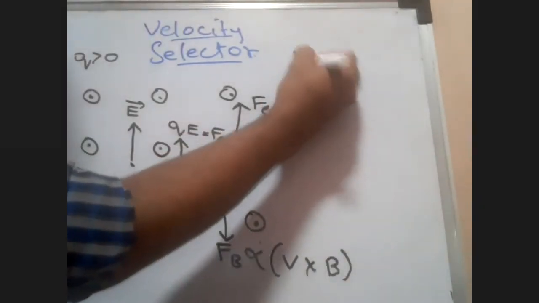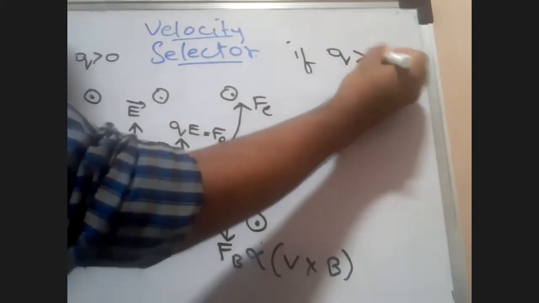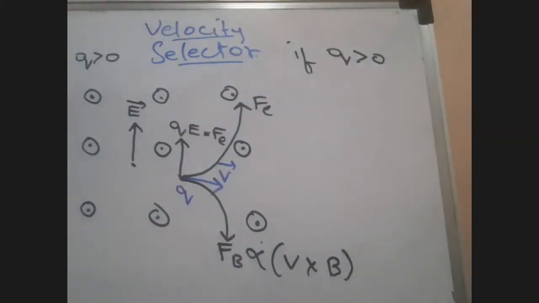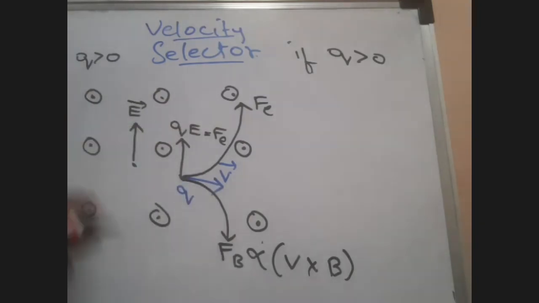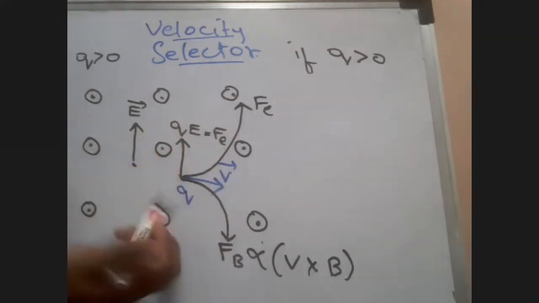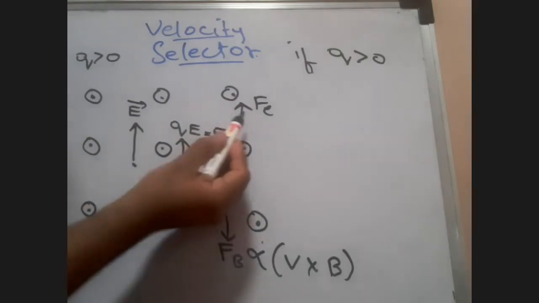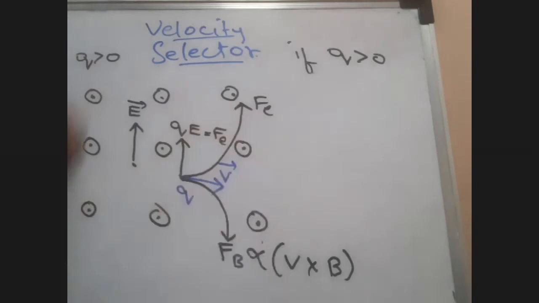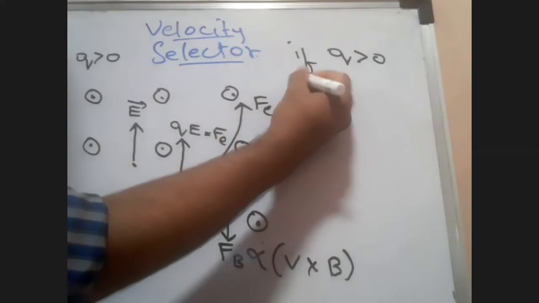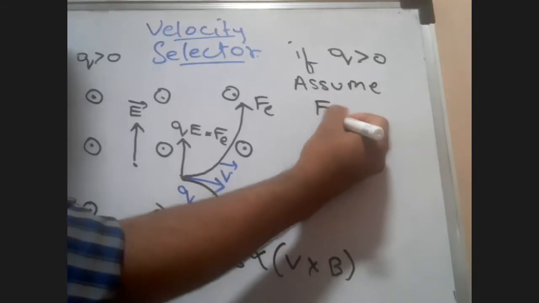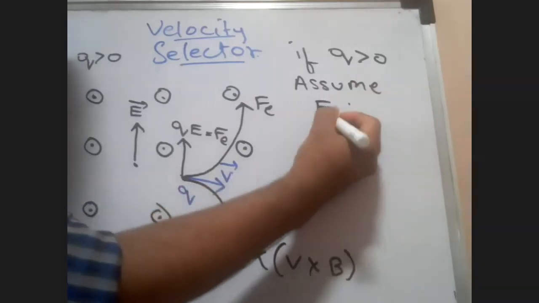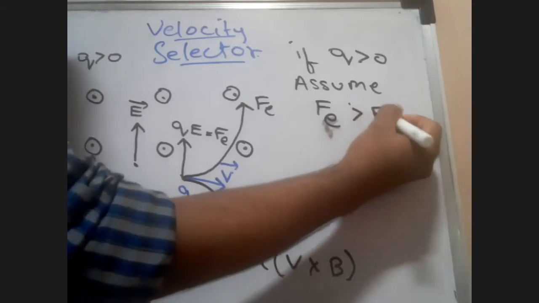If Q is greater than 0, let's assume that the force applied on this charge due to the electric field, Fe, is greater than the force applied by the magnetic field.